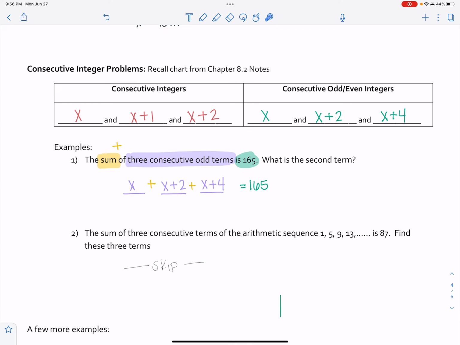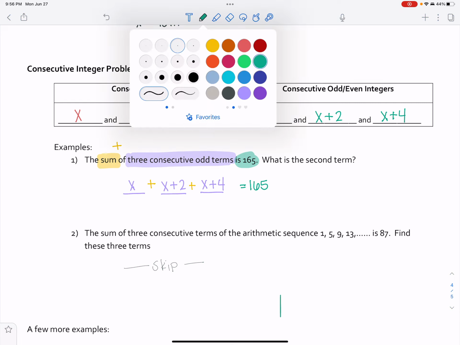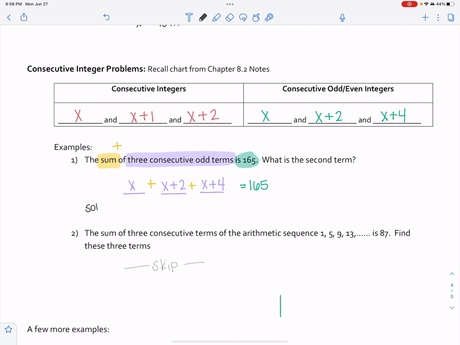First thing I'm going to do is work on solving for x. To solve for x, I'm going to combine like terms. 1x plus 1x plus 1x is going to give me 3x, and then 2 plus 4 is going to give me 6, equals 165.